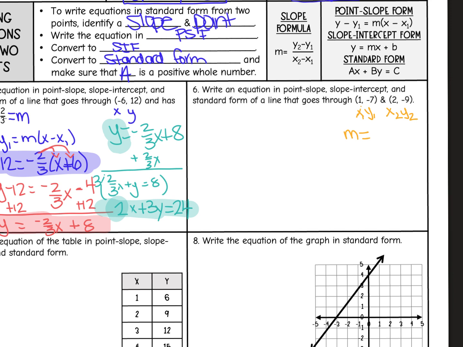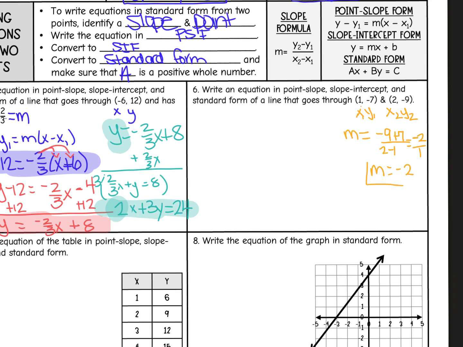And so now I have my negative 9 minus our negative 7, so that turns into a positive 7, over 2 minus 1. So here I have negative 2 over 1. My slope is negative 2.